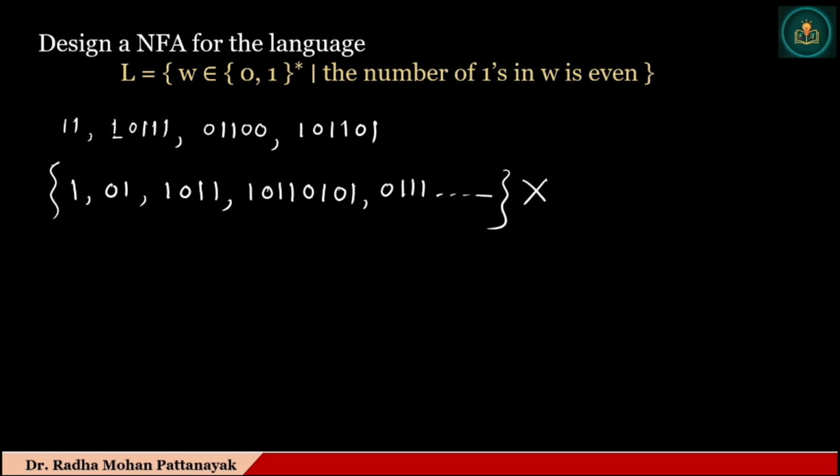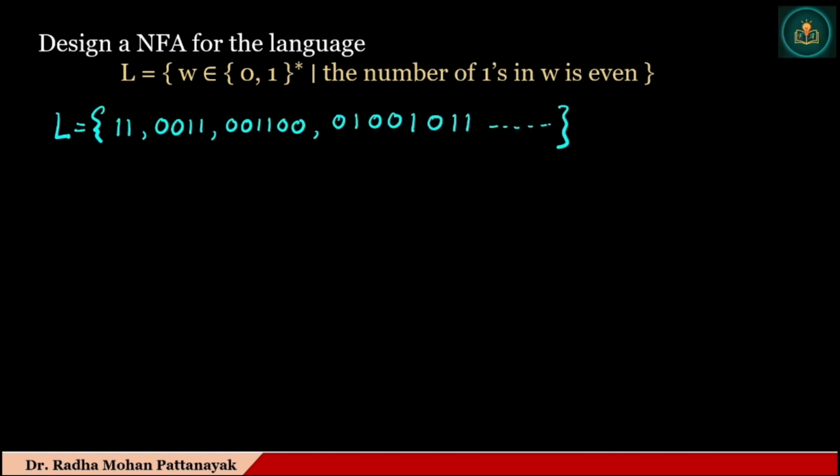Now we will move to design the NFA for the strings which satisfy the language. So these are the set of strings which satisfy our language. To design the NFA, our first duty is to choose the minimum length string. Here what is the minimum length string? That is 2 ones, right? So the minimum length string is 1 1.